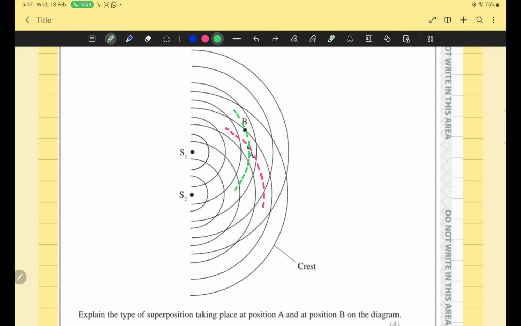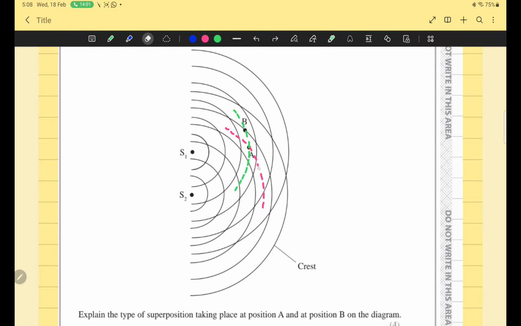And you know when trough lies on another trough, then Simra, what will be there? Constructive interference or destructive interference? At point A, there are troughs, dotted red color, dotted green color. Both are troughs. If trough lies on trough, then what will happen at point A? Simra? Yes, there will be constructive interference.